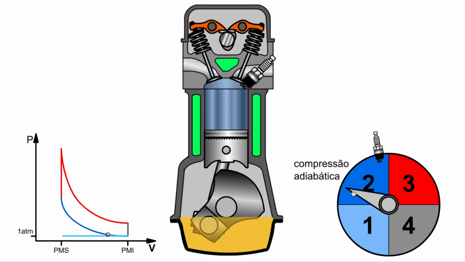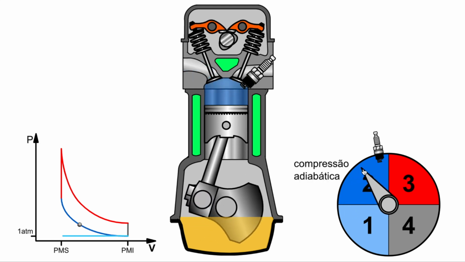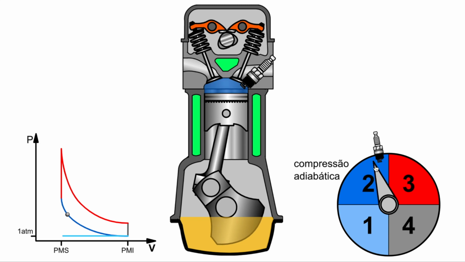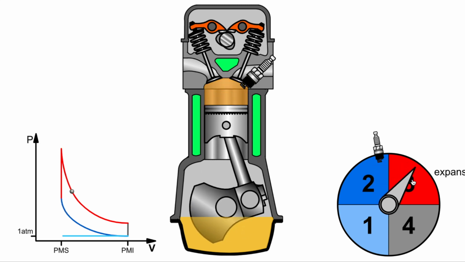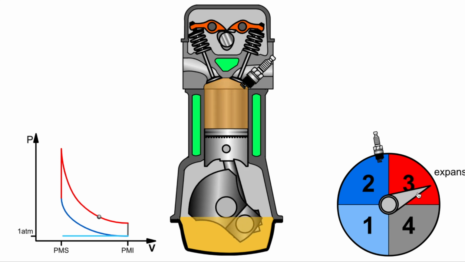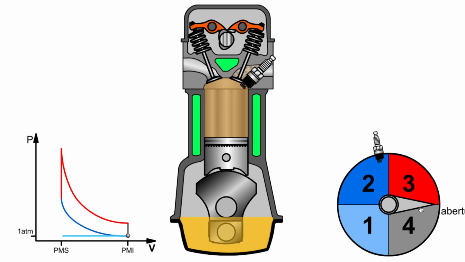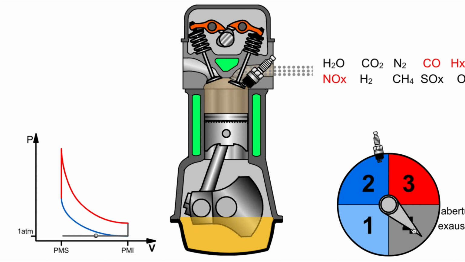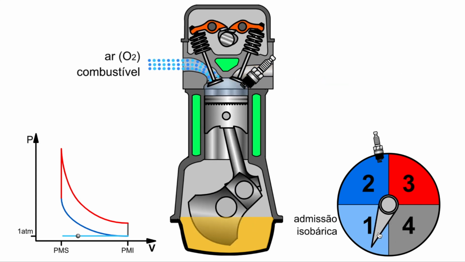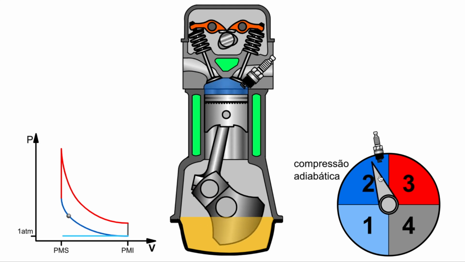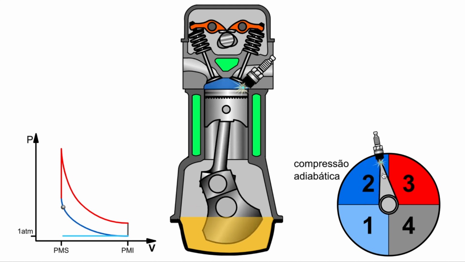And then there's the compression stroke. And then ignition. And then the power stroke, or the expansion stroke is sometimes what it's called. And then the exhaust stroke. Now the exact moment when the spark plug is fired, that's called the ignition.